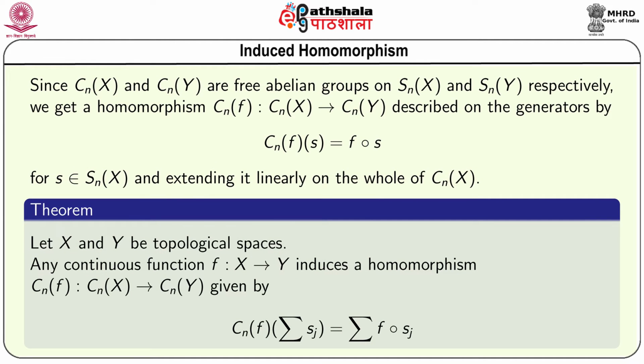Now, since C_n(X) and C_n(Y) are free abelian groups on S_n(X) and S_n(Y) respectively, we get a homomorphism C_n(f) from C_n(X) to C_n(Y) described on the generators by C_n(f) operated on s equal to f∘s for every s belonging to S_n(X), and then we extend it linearly on the whole of C_n(X).